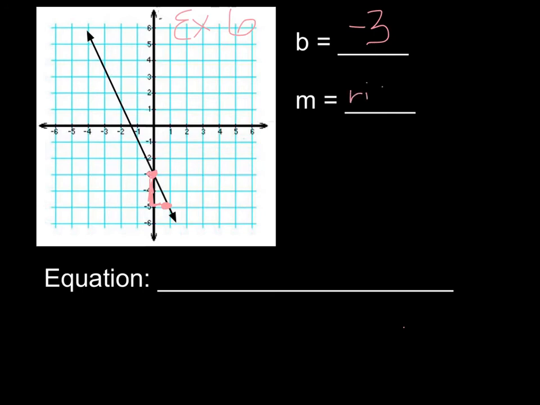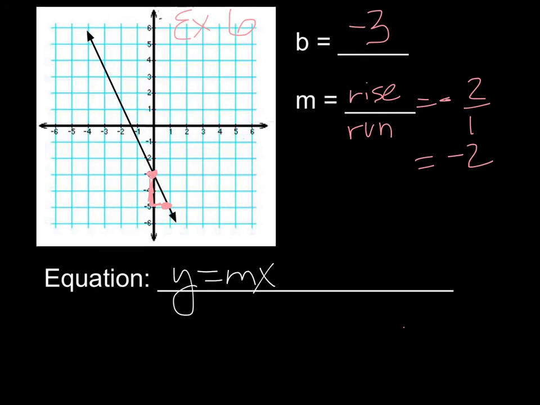And to find our slope, rise over run. Our rise is 2. Our run is 1. It's a downhill slope, so it's -2. So it reduces to -2. To find our equation, y equals mx plus b is our slope-intercept form of the equation. So our final answer, our slope is -2, so -2x minus 3.